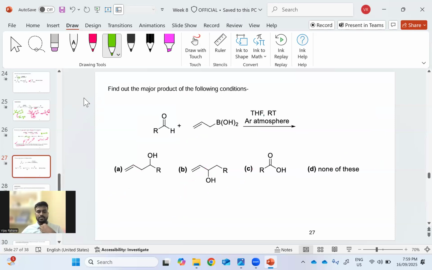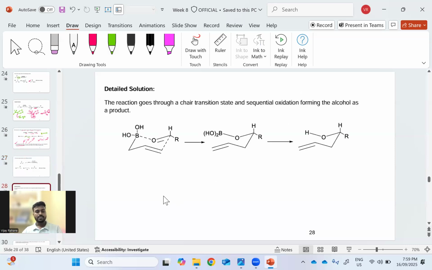Next question: we have the starting material aldehyde plus the boronic acid, and the reaction is in THF at room temperature under argon atmosphere. So what will happen in this reaction? If you look at the reaction mechanism, it will be in this manner.